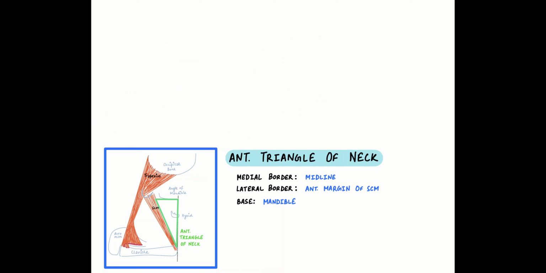This diagram shows all the subdivisions of the anterior triangle of neck. The borders for each of the triangles is shown.